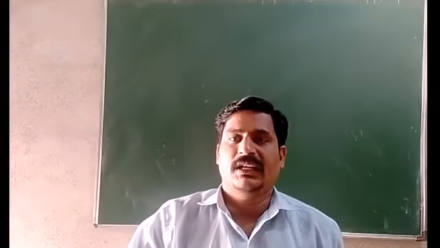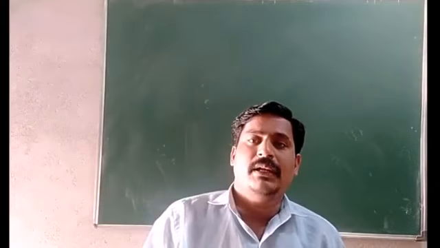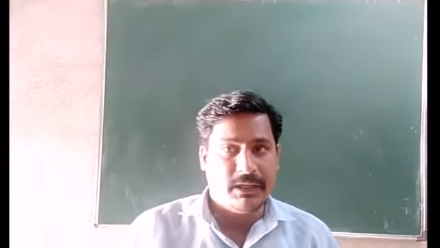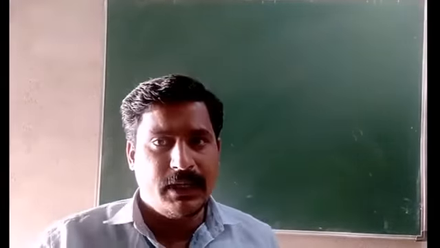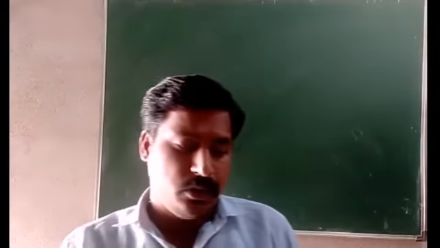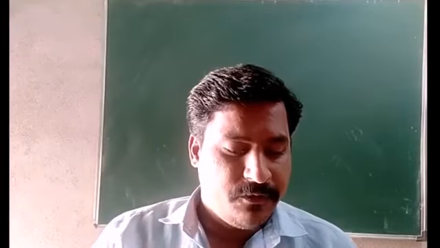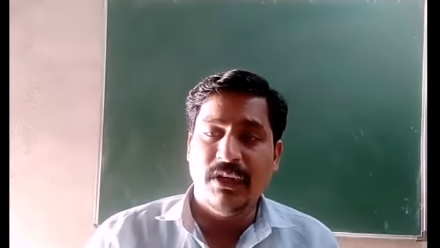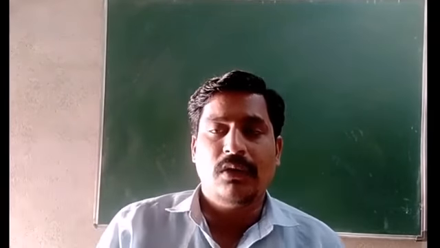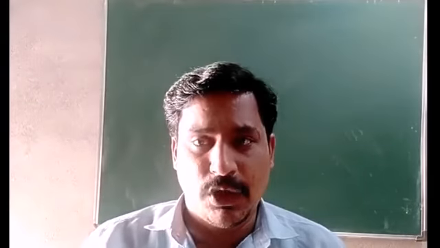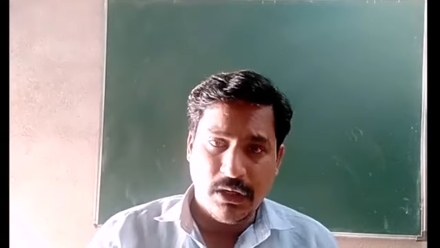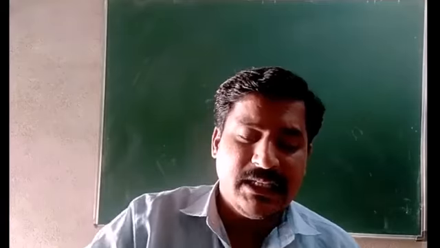This question contains both independent and dependent events, so conditional probability and unconditional probability both. So I'll read: a card is drawn at random from a pack of 52 playing cards. So out of 52 cards, one card is drawn. First question, what is the probability that it is a heart?